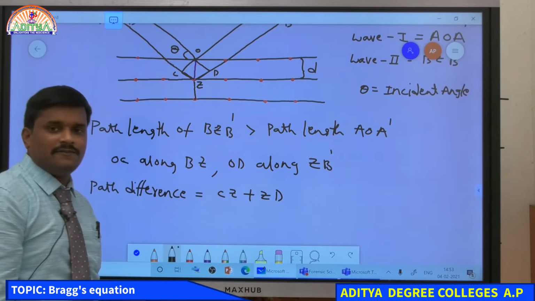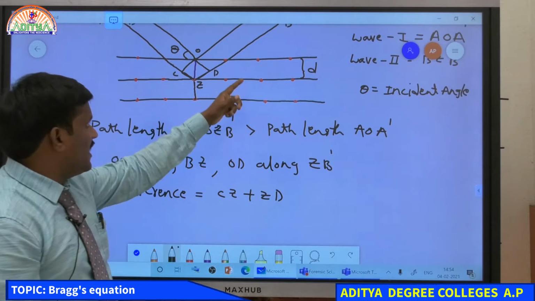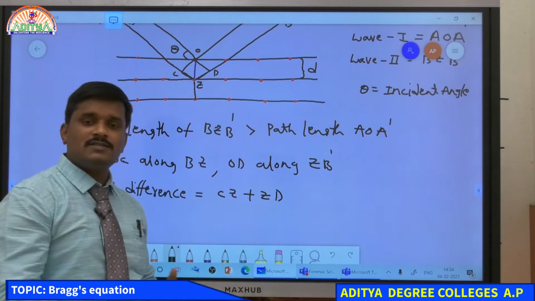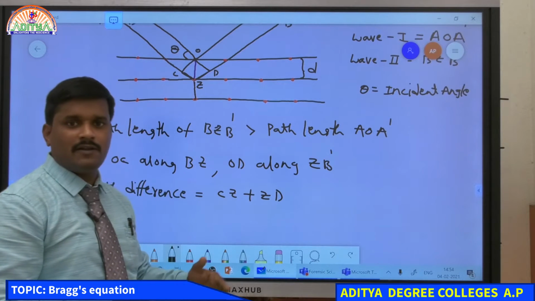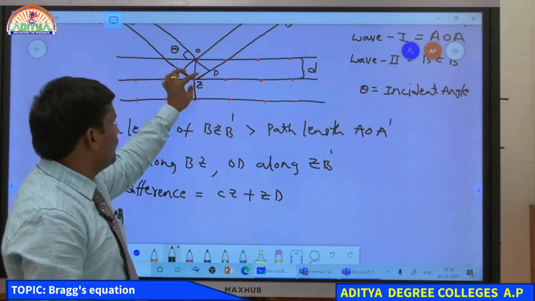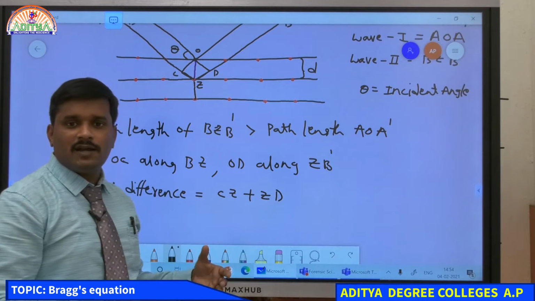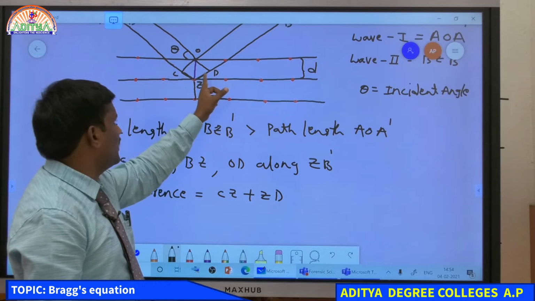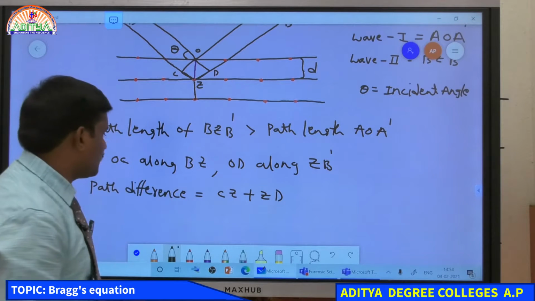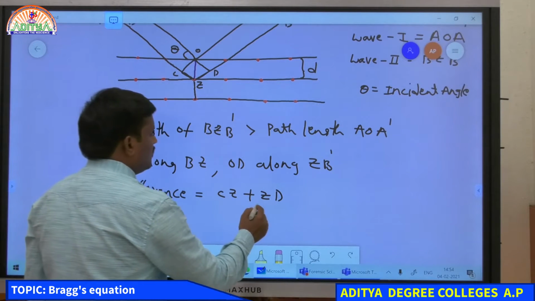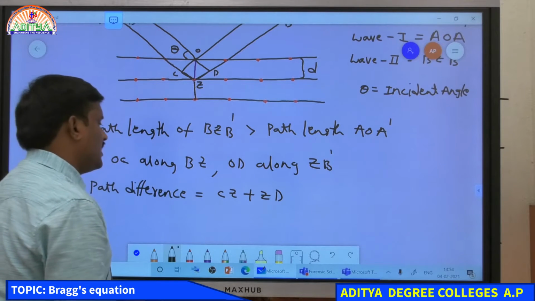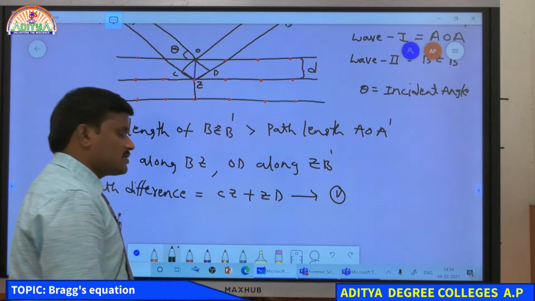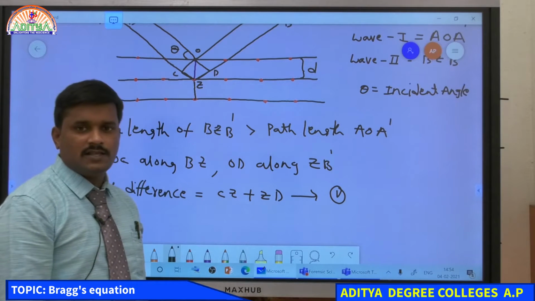BZB dash has a higher path length compared to AOA dash, so the difference between these two paths is given by the distance CZ plus ZD. That is determined by drawing a perpendicular OC along BZ and also OD along ZB dash. Therefore, finally the path difference is equal to ZD plus CZ. This is taken as equation number 1: path difference is equal to ZD plus CZ.